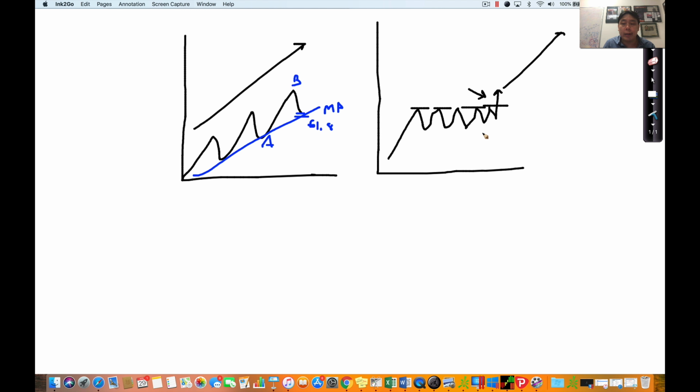Or again, some traders wait for a break of a resistance level and they wait for a retracement back to that level. So this resistance becomes support, breaks the resistance, comes back to support, tests the support, and when it continues the trend, boom, they are in there for the ride.